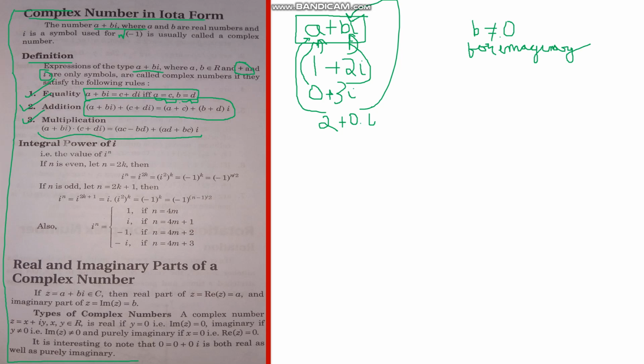You can check yourself, i is root minus 1 as I told you in the first paragraph, and i square will be minus 1. So that is bd i square, that is minus bd. Then it comes adi plus bci, where i comes out common, and then we get ad plus bc.